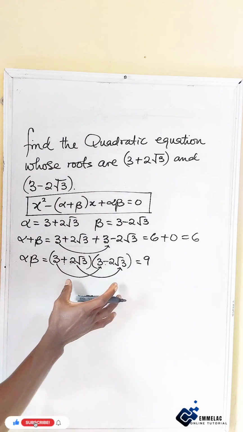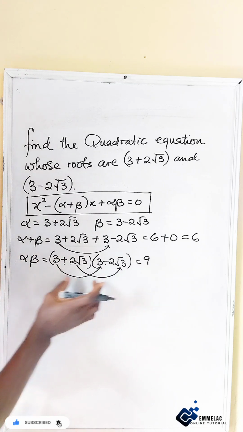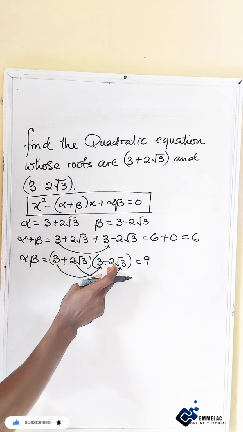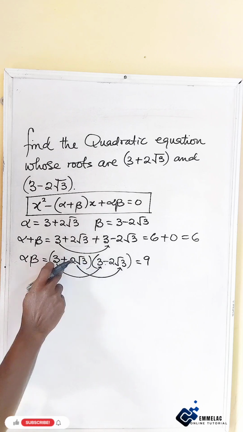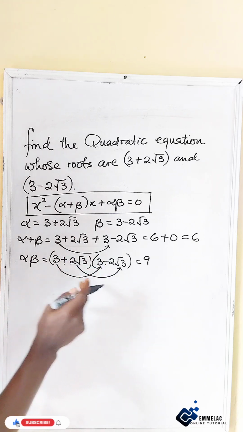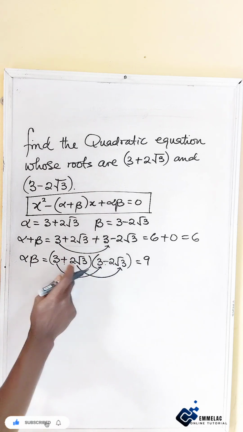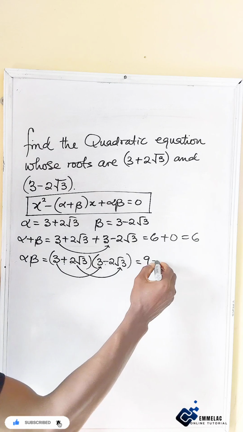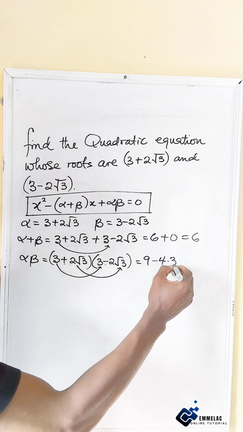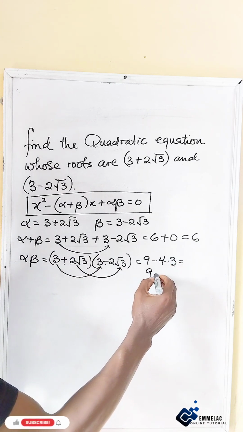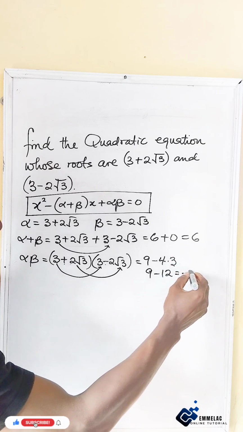Take note, this rule applies to two brackets in this form but having different signs. So 2 root 3 times negative 2 root 3: 2 times 2 gives us 4, then root 3 times root 3 gives us 3. So here we have 9 minus 12, which gives us minus 3.